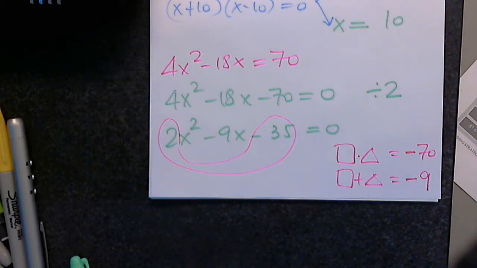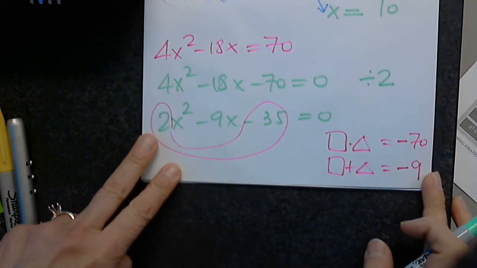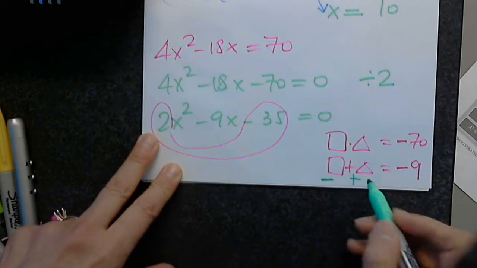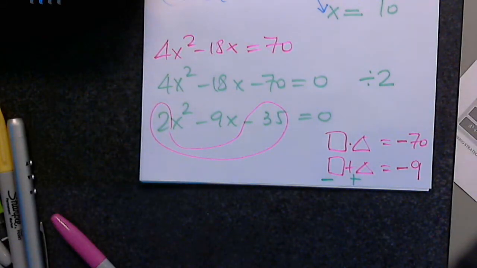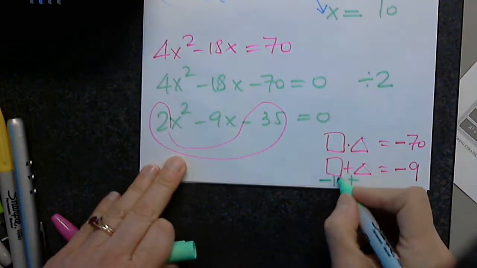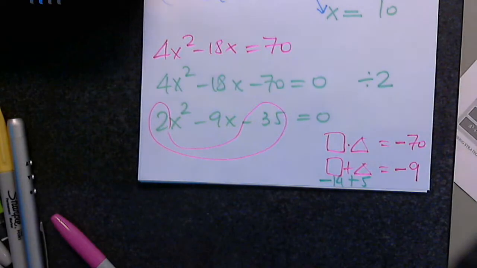So then 2 times -35 is -70. And yes, one has to be positive, one has to be negative because the product is negative. And Corey already told us -14 and +5. The sum is -9 and the product is -70.